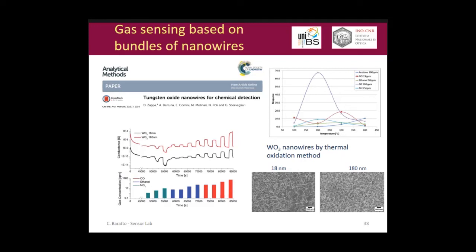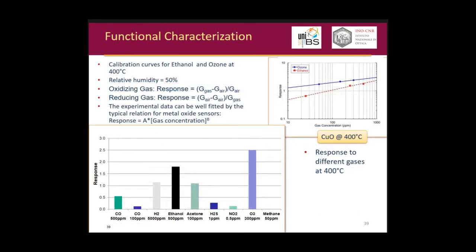We tried to prepare them with two different dimensions, for example, 18 nanometer and 180 nanometer. In principle, they are different since the resistance is much different. Of course, the bigger one has a higher resistance, and we have a variation in the properties.